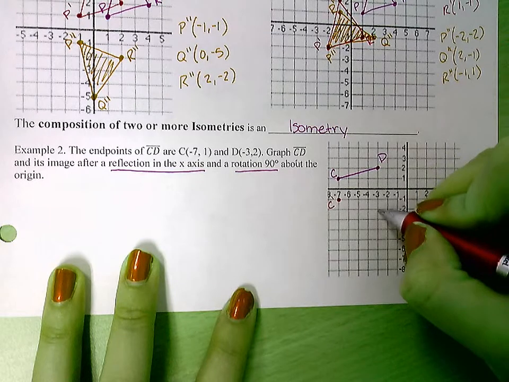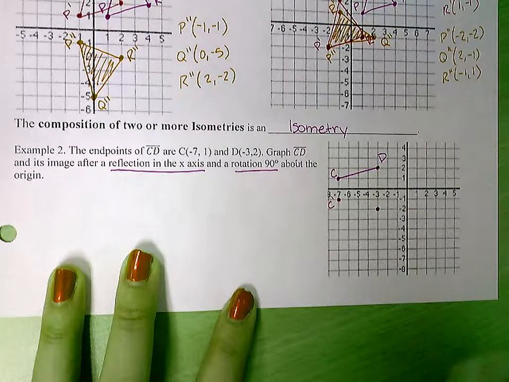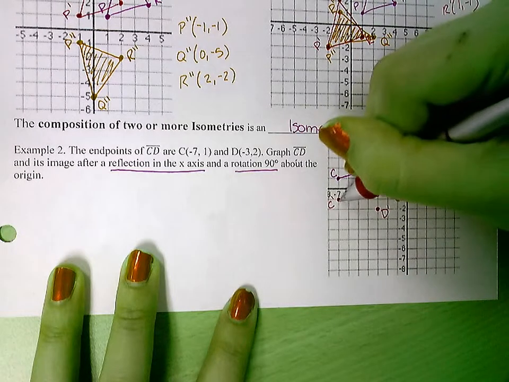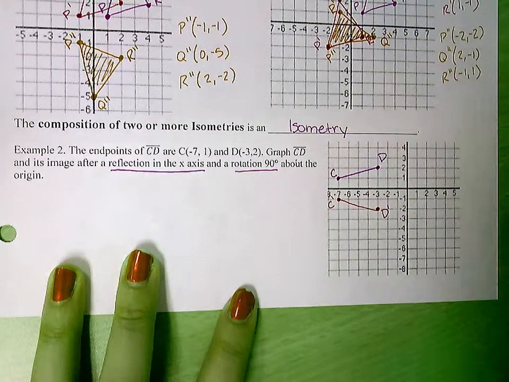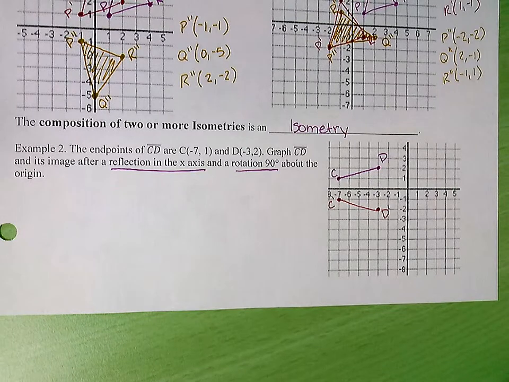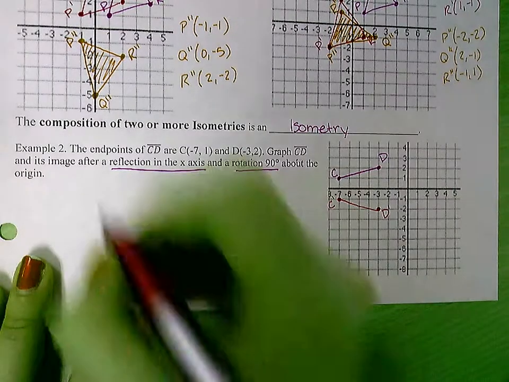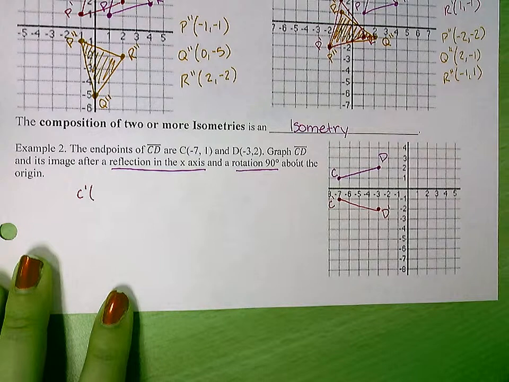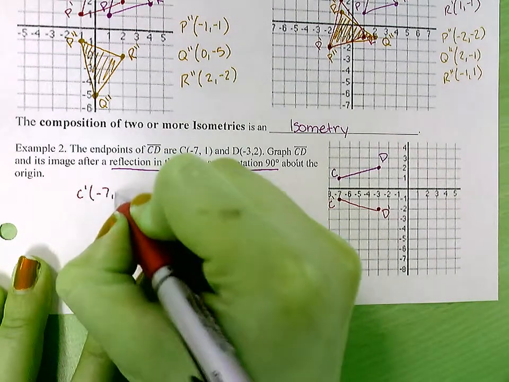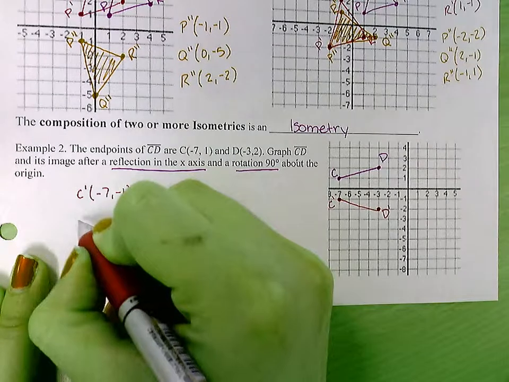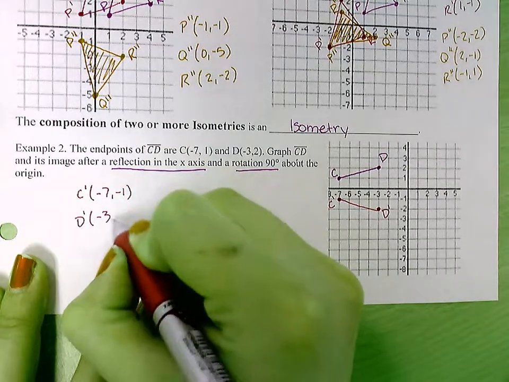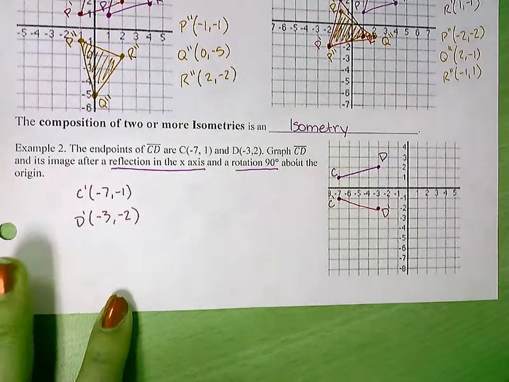So I'll count 2 units further to get D prime. So here is that segment. And off to the side, I do want to just label those coordinates. So C prime is at -7, -1. And D prime is at -3, -2.